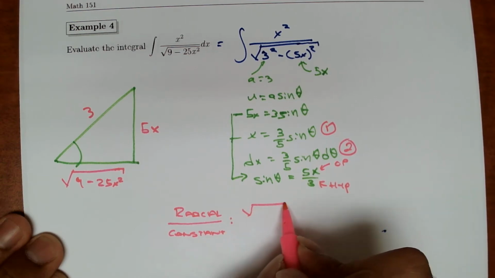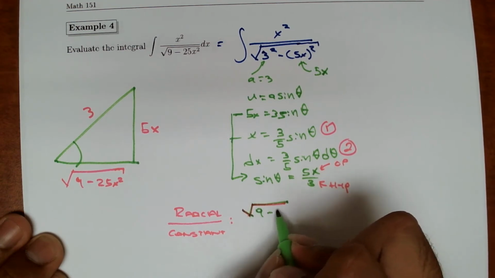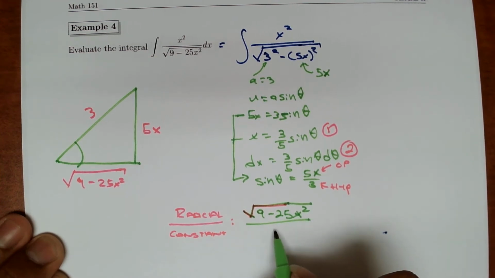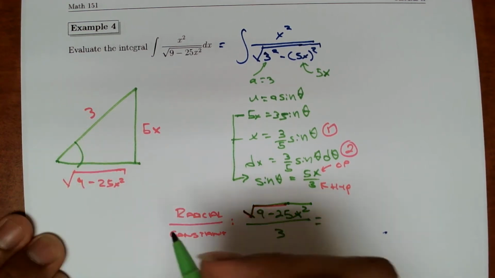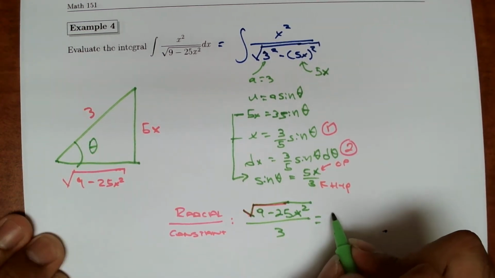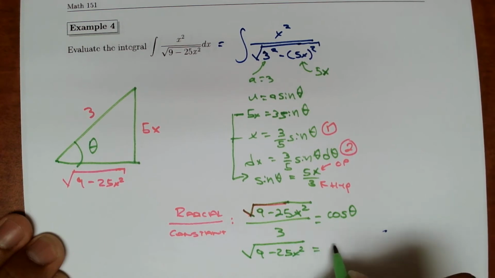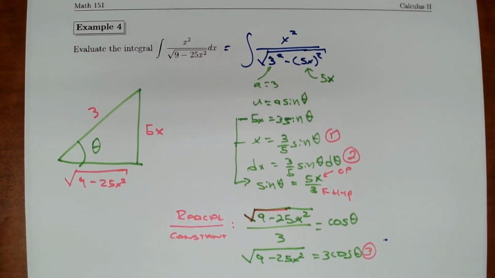That is the square root of 9 minus 25x squared over 3, which equals adjacent over hypotenuse, and in this case that's the cosine function. Solving for the radical, that's 3 cosine theta, and that's number 3, the 3 elements that we need to set up the integral.